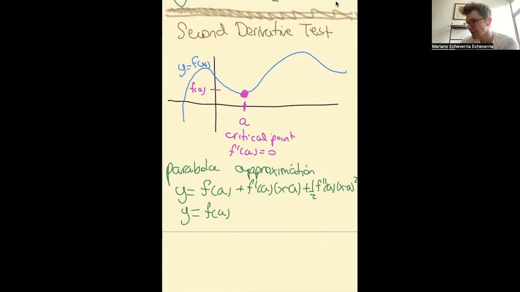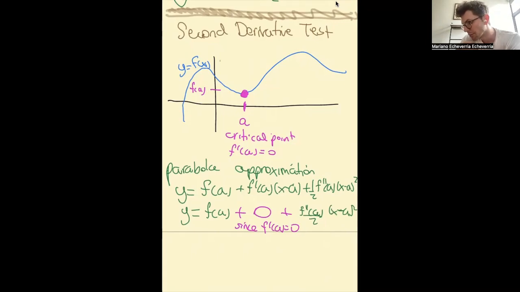Why? Because we're assuming that A is a critical point, so f prime of A is 0. And then we don't know what the second derivative is, so let me write f double prime of A. Is that making sense?